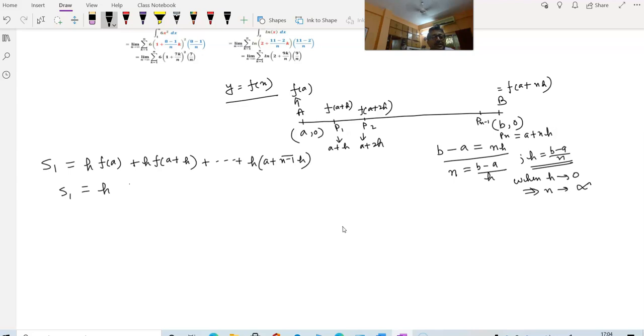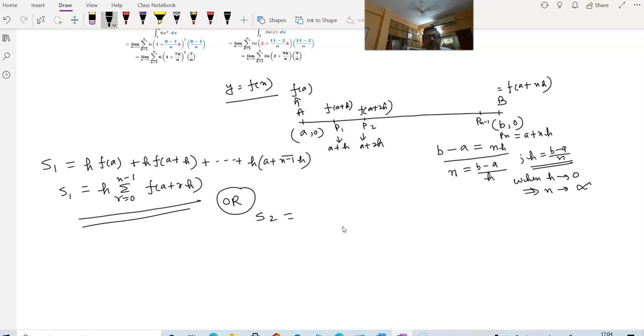So using the summation sign, this can be written as h times sigma, r equal to 0 to n minus 1, f(a plus rh). This is one sum. Or if you like, you can do the same thing but starting with f(a plus h).